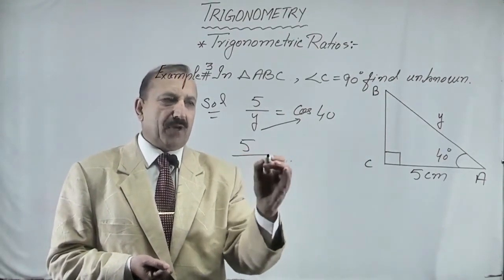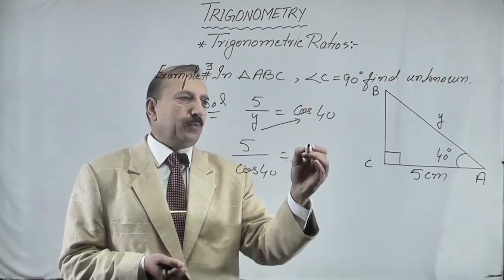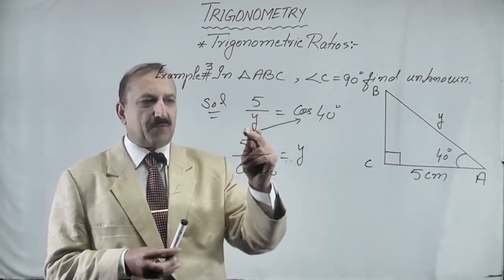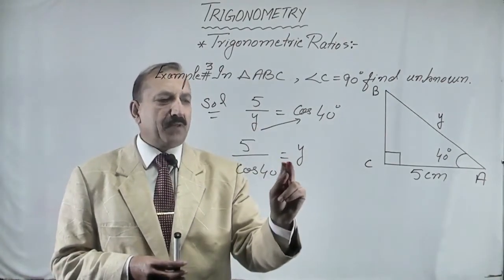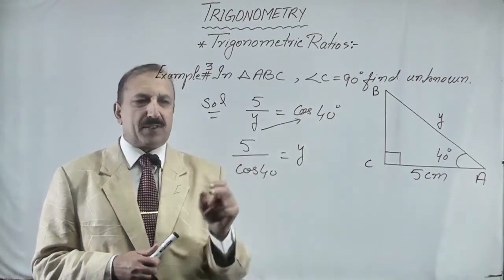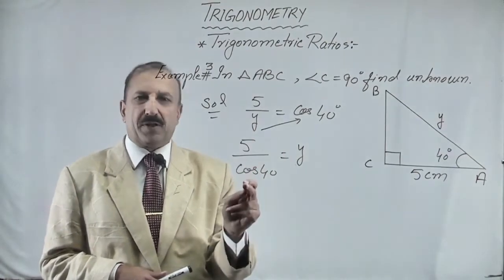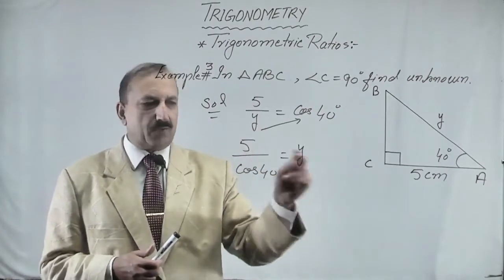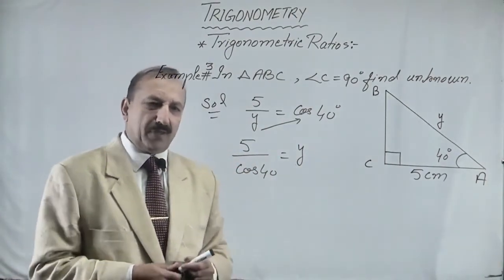Like we can write 5 over cosine of 40 is equal to y. What I did, I transferred this y to the right side, dividing here, it will be in the form of multiplication when moved to the right, and this number I transferred to this side. Now here is dividing 5. Our focus, actually I made y the subject to get the value of y here. Now this fraction we will calculate and it will help us to find the value of y.